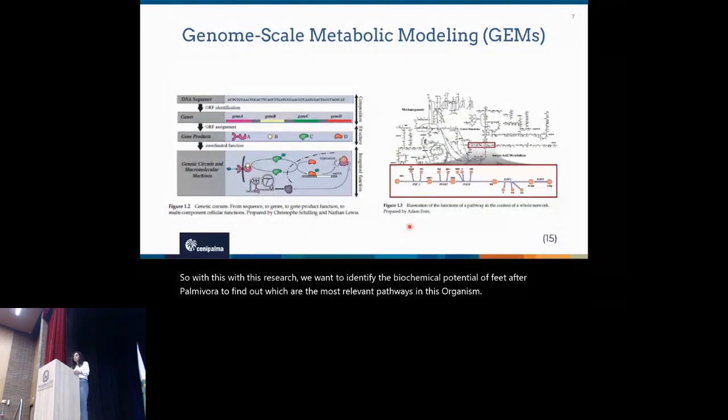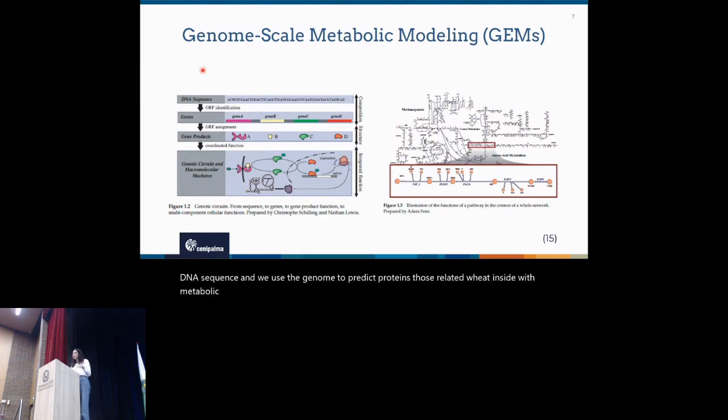For this, we are using a tool named genome scale metabolic modeling. And this tool is based on the fact that we can predict the proteins from the genome or the DNA sequence. We use the genome to predict proteins, those related with metabolic reactions, enzymes. And then we can reconstruct a big network that represents all the reactions that a particular organism can do.